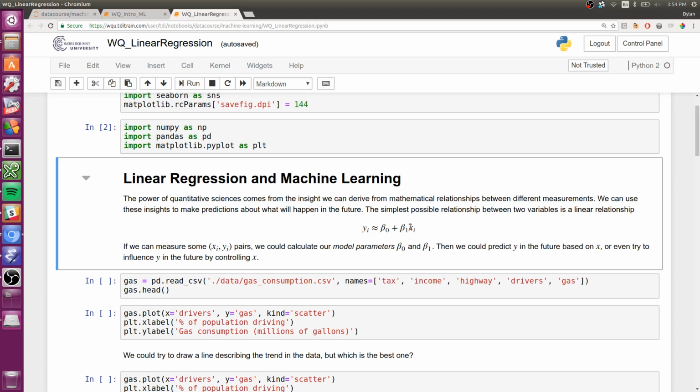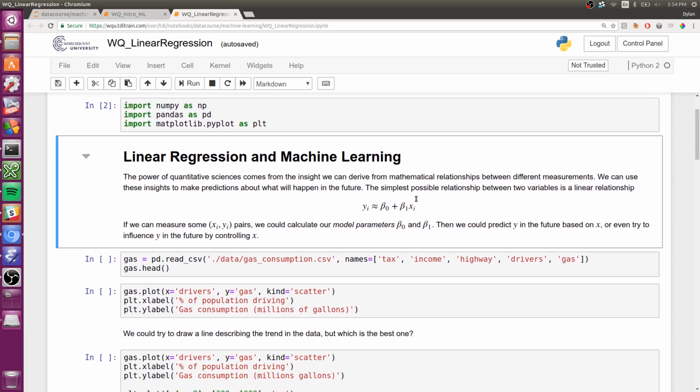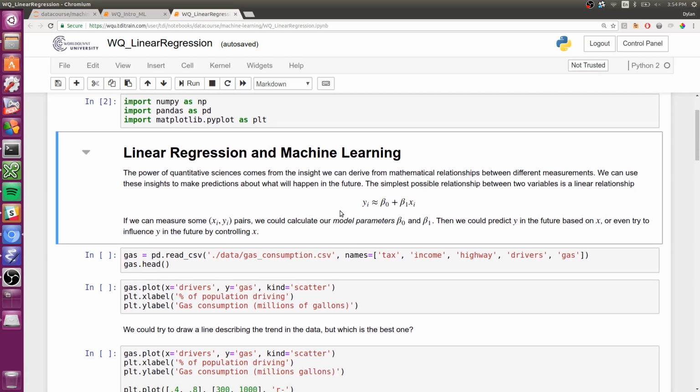The x is our feature, y is our label, and as soon as we say there is a linear relationship between them, that means there can only be essentially a constant plus some multiplier against x. It's the equation of a line.